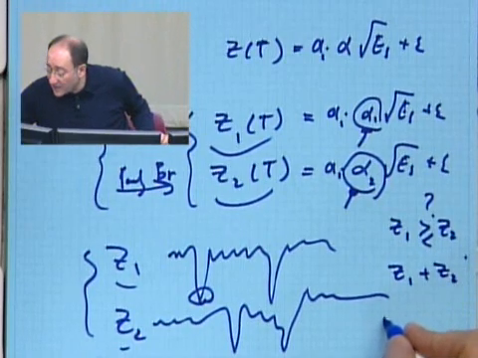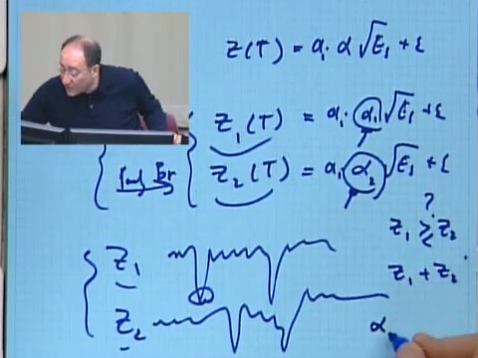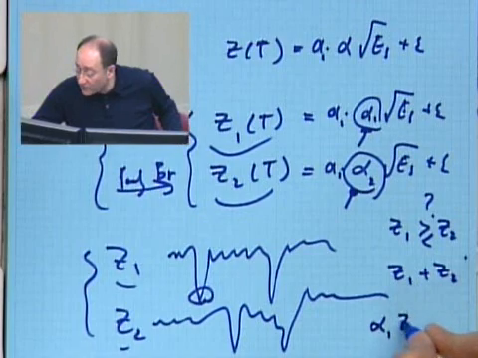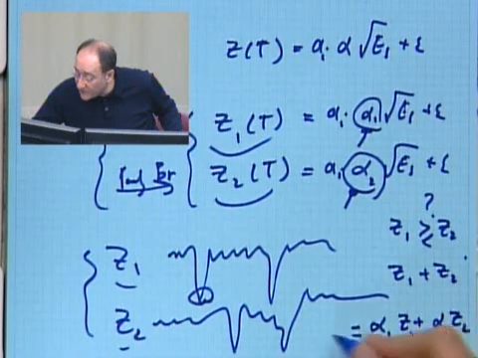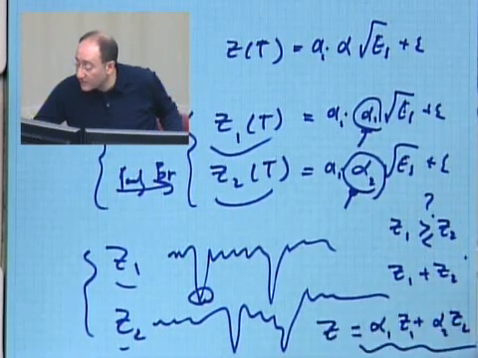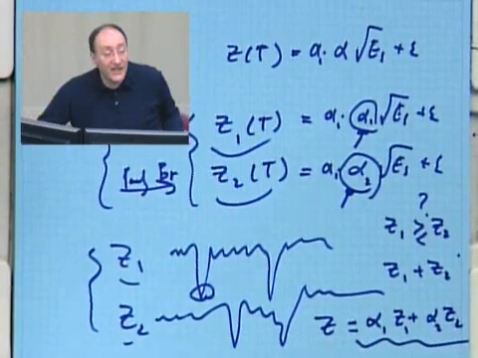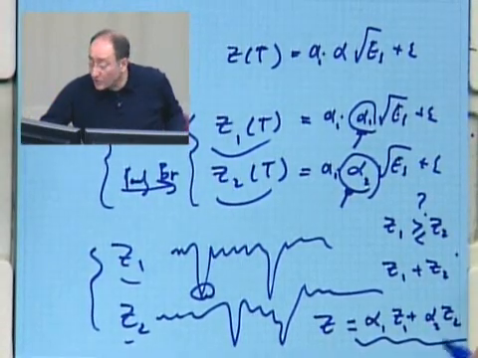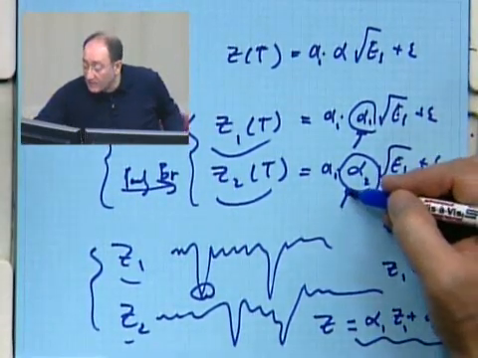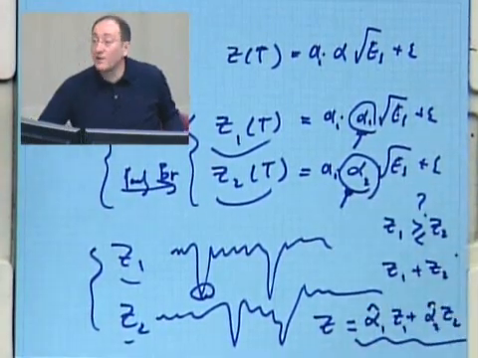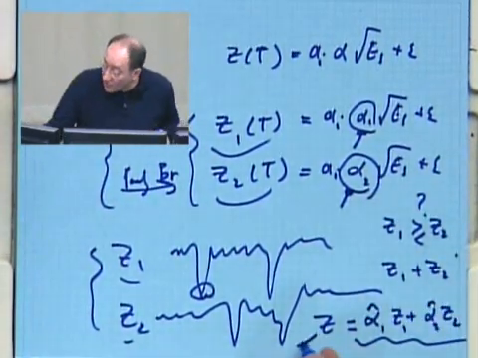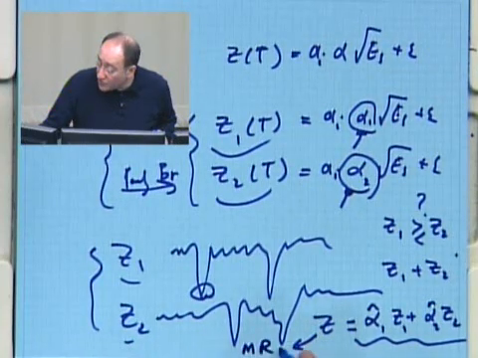The third one is that I take Z1, I weight it with alpha 1. I take Z2, I weight it with alpha 2. And I make my decision based on this. I'm weighting them. Okay? In order to weight them, I have to have an estimate of alpha 1 and an estimate of alpha 2 to multiply with them. This thing is called maximal ratio combining.